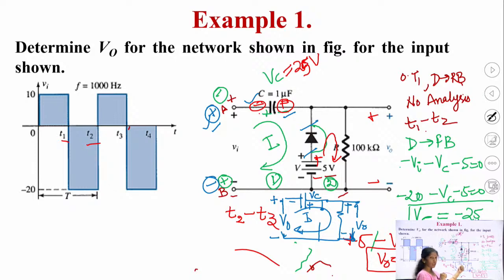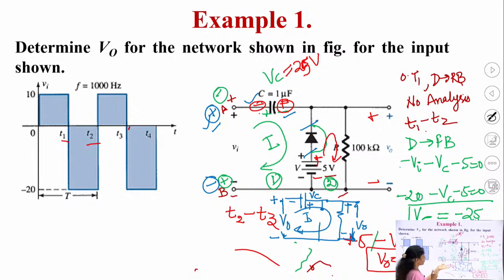So, we just change the polarity. You need not worry about the direction of the current. You can always take it as clockwise, and if you are taking the direction opposite, then automatically a negative sign will come in your equation. So, we need not worry about that.